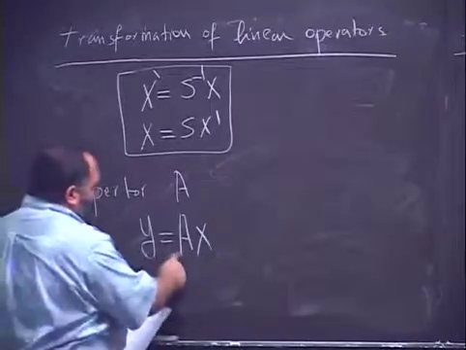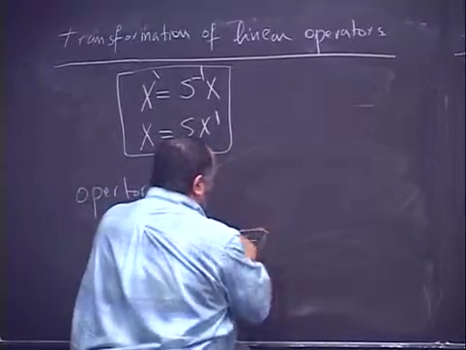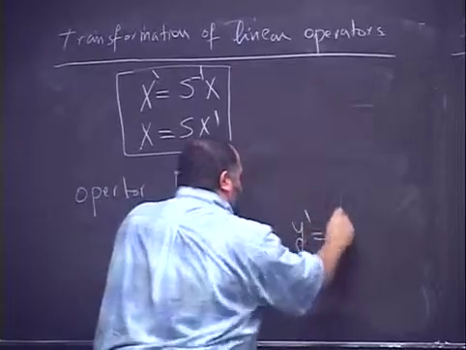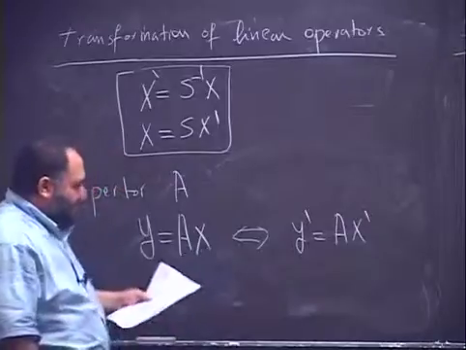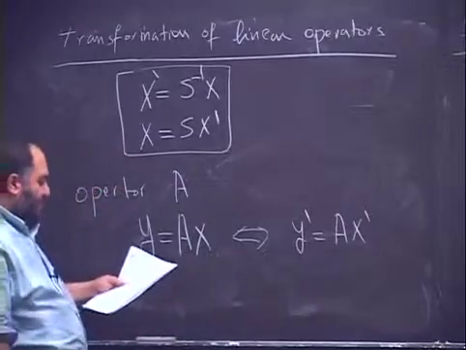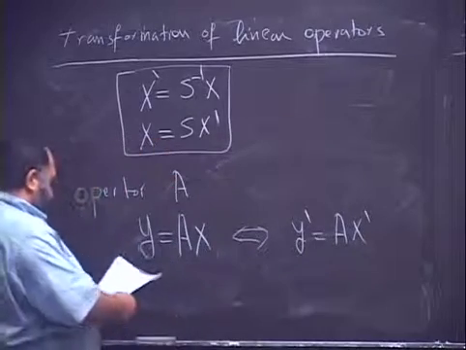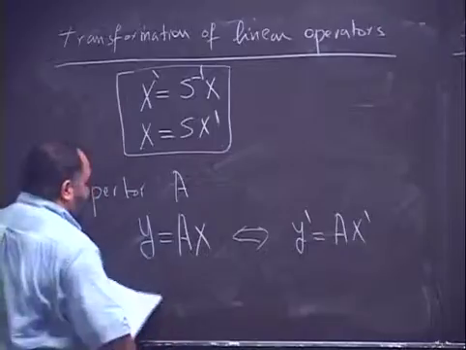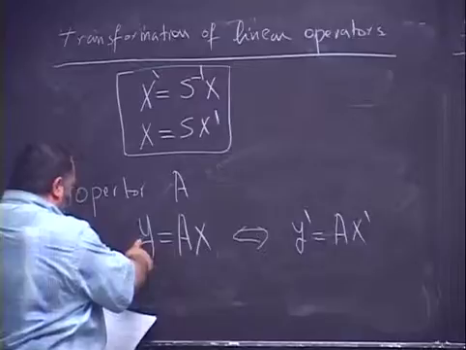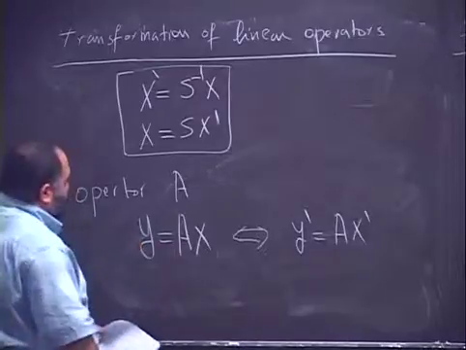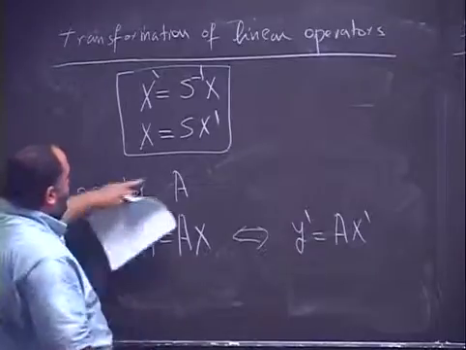So y equal to A x, and y prime is equal to A x prime in the primed domain here. So I can use this to transform from the primed to the unprimed. How will you do this?